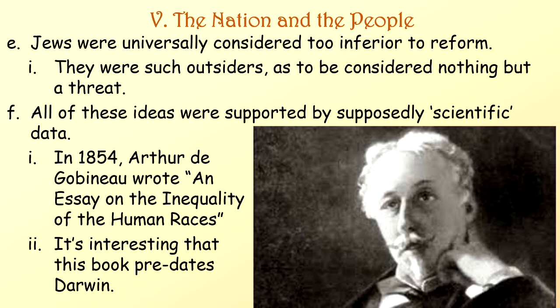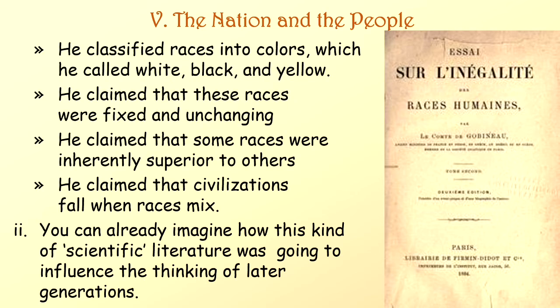All of these ideas were supported by supposedly scientific data. In 1854, Arthur de Gobineau wrote an essay on the inequality of the human races. It's interesting that this book actually predates Darwin. He classified races into colors, which he called white, black, and yellow.